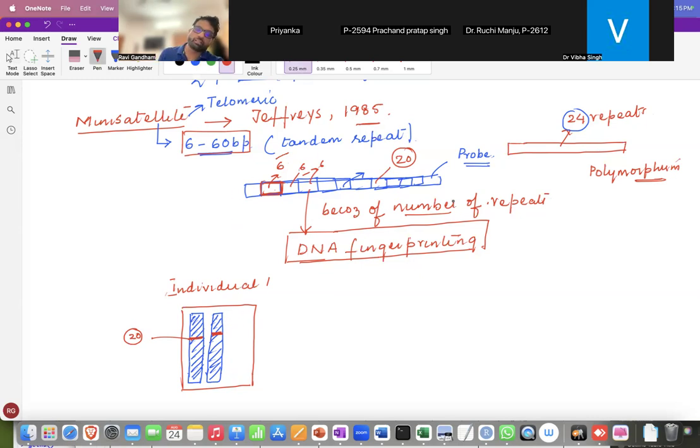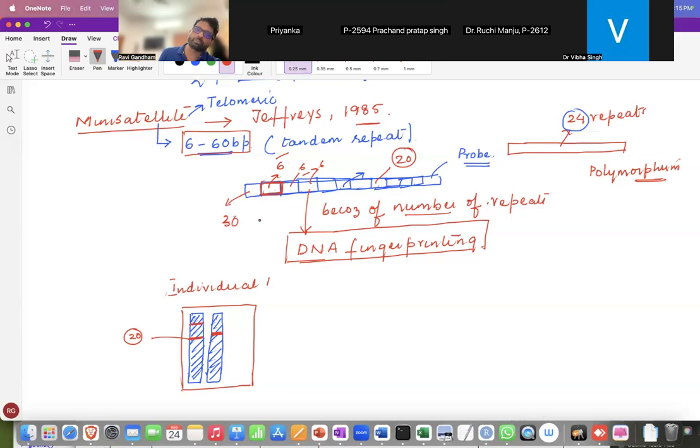That's fine. Now, what next? Now, this can be present elsewhere in the genome as well. So let us say for individual 1, this is present elsewhere in the genome, and it has got, let us say, 30 repeats, right? So this will be around here somewhere.